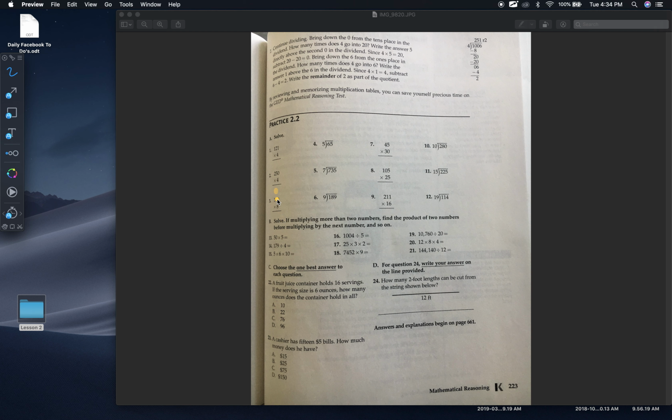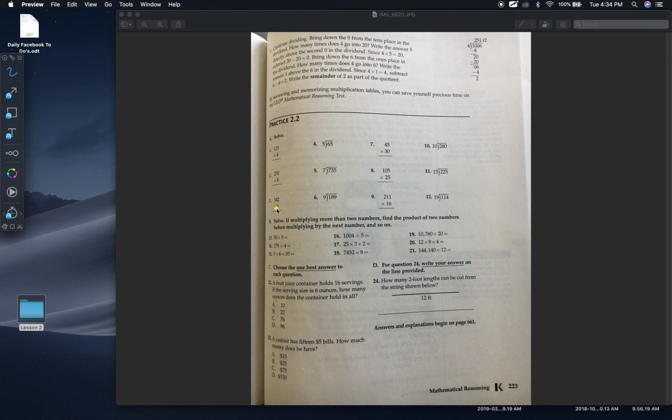Then 8 times 4 is 32, plus the 1 that we had carried over is 33, so we put 3 there, and then we bring down the 4 here. So far we have a 4 and a 6, okay.